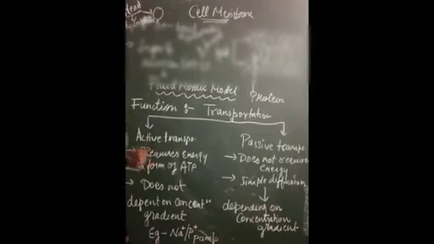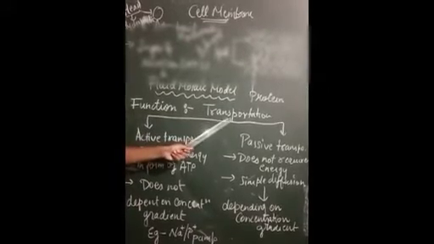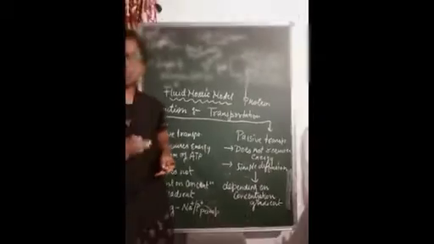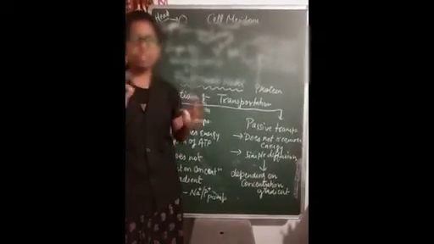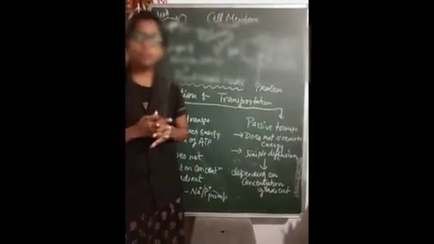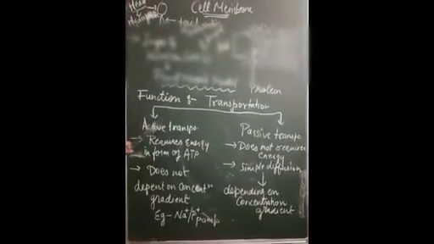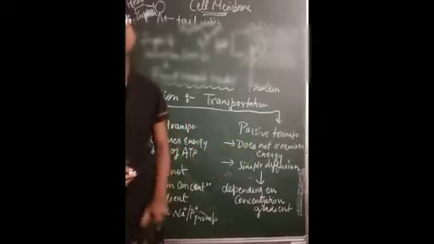Next is the function, which is transportation. One of the common functions we know is as a protective layer, because it is the outermost covering or envelope. But here we can see two types of transportation, active transportation and passive transportation.